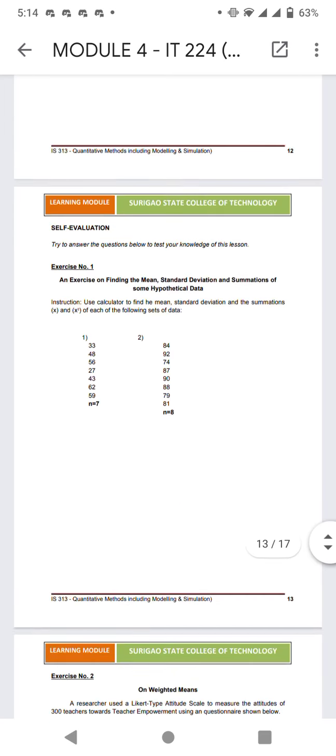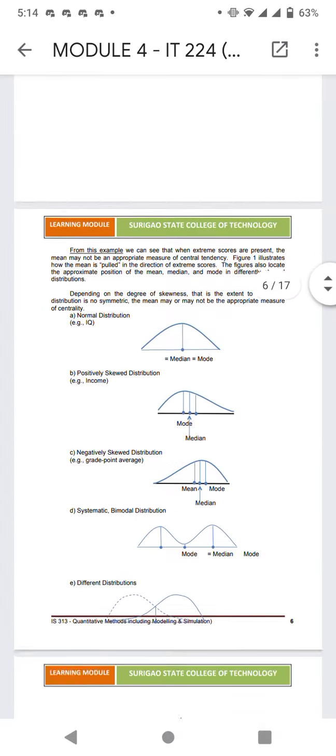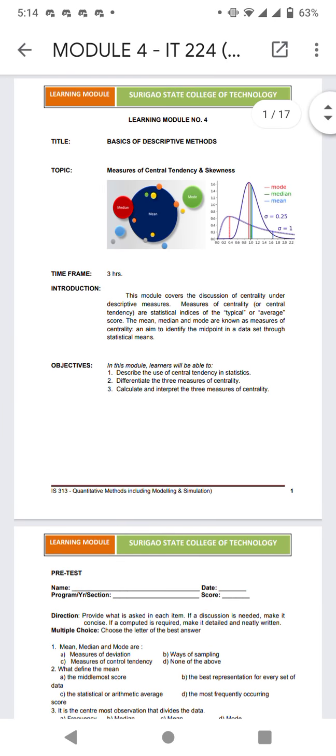So everything in Module 4 is discussed all about the measures of central tendency and skewness, and the most important part is how you could take the central tendencies of each data that you could get.